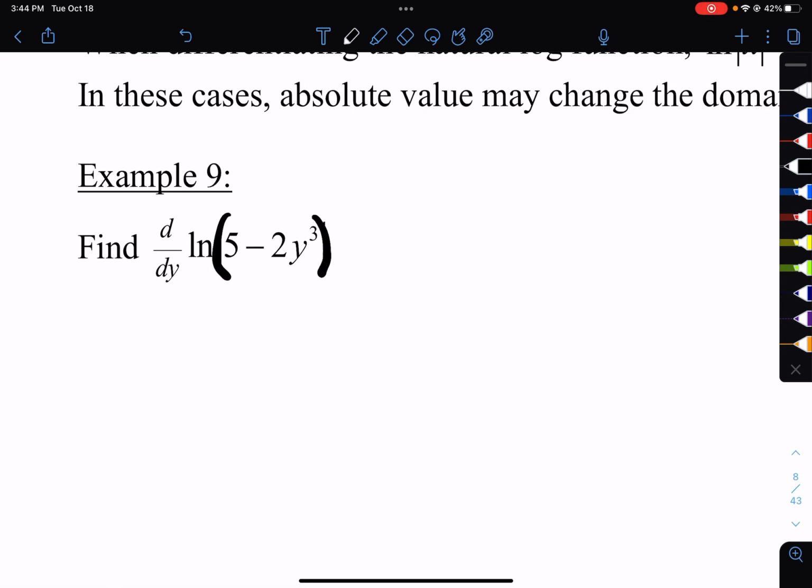So, y prime, not y prime, because this is a function of y, it wants me to find the derivative of this. So the derivative formula tells me to take the derivative of the outside. Remember, this is kind of that natural log of u equals u prime over u. So my answer, on top I want the derivative of u, u prime.